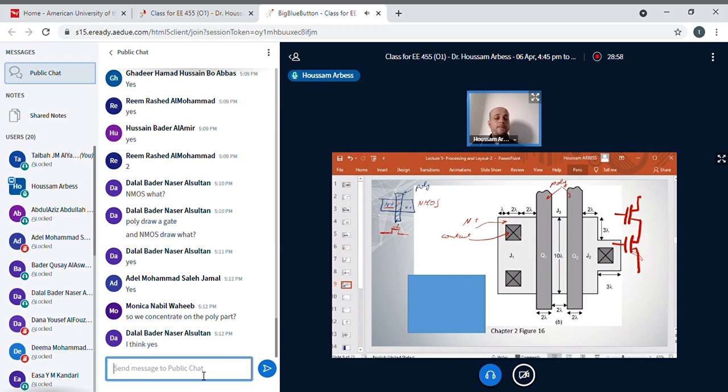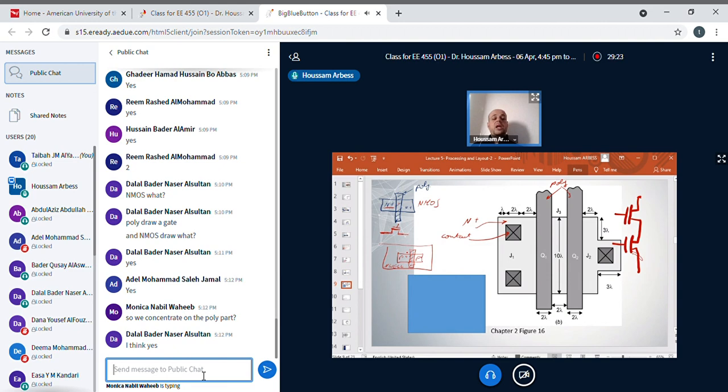For PMOS, P plus here and P plus here with poly in the middle. I have to be sure that all of them are in N well. If they are not in N well, that means I don't have a PMOS. Once I see that they are in N well, I know that this is a PMOS.